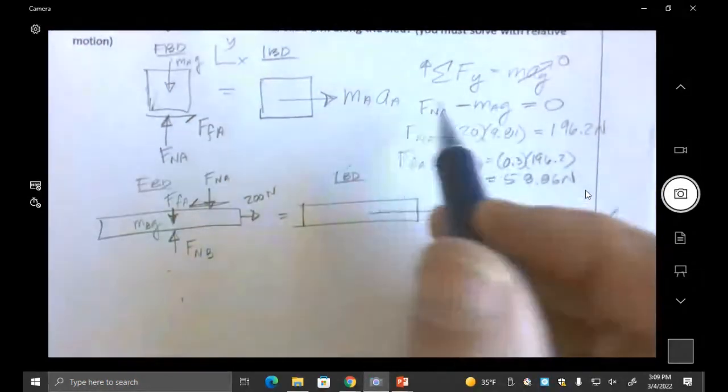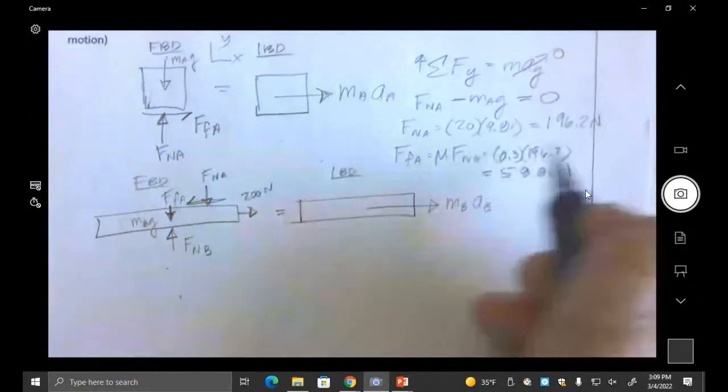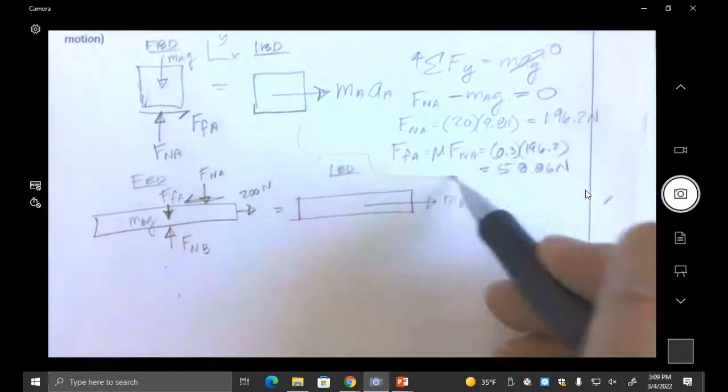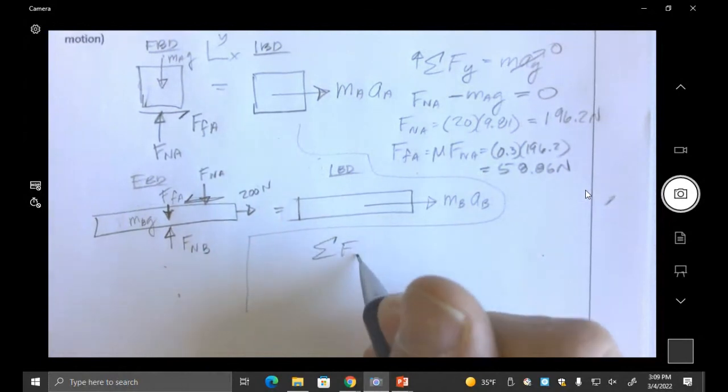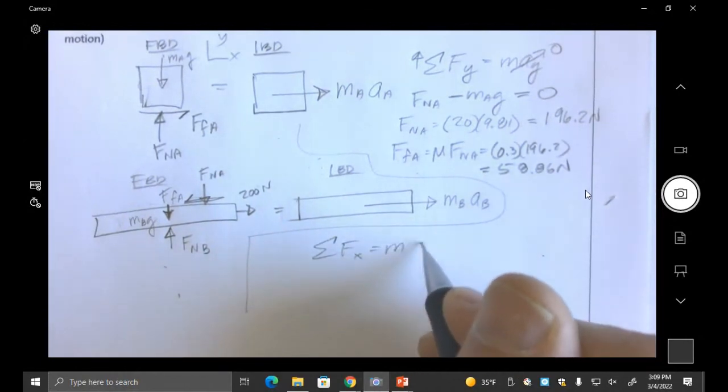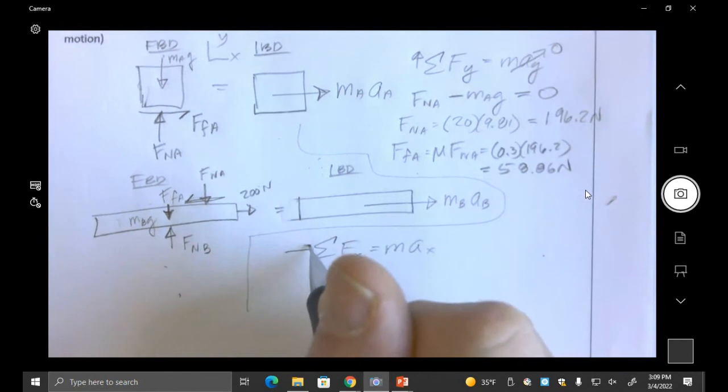I wish I had made more room in here. I'm going to continue down. Sum of the forces in the x direction equals mass times acceleration in the x direction.